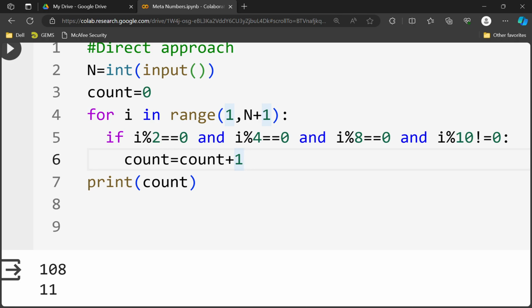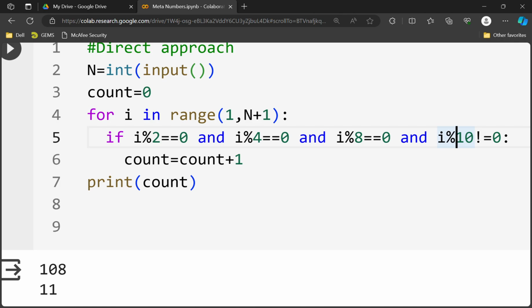If i % 2 equal to 0, that means the number is divisible by 2, and if the number is divisible by 4, and if the number is divisible by 8, and if the number is not divisible by 10, such a number is to be treated as a meta number and in that case count will be incremented by 1. Then finally print count.